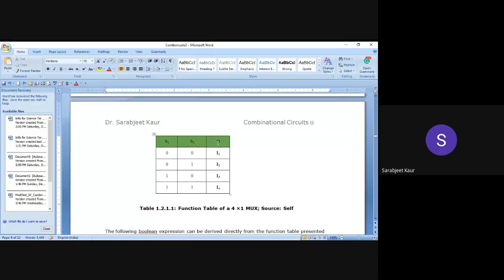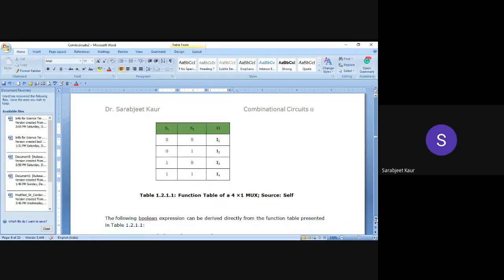Please see what is the output of this entire function table, the inputs only. It has to be activated. When does this circuit work? When either this combination is activated or this is activated, or this is activated, right?